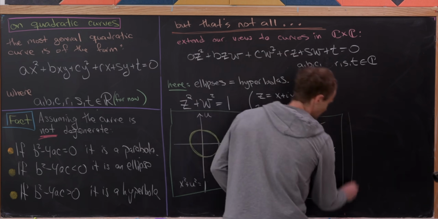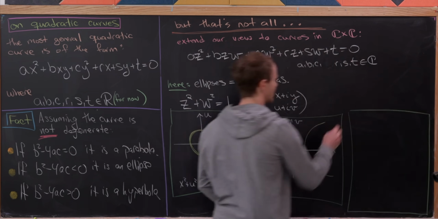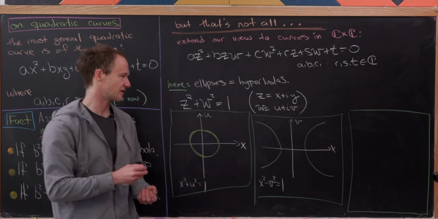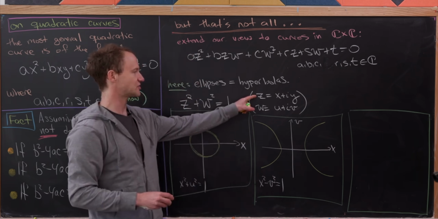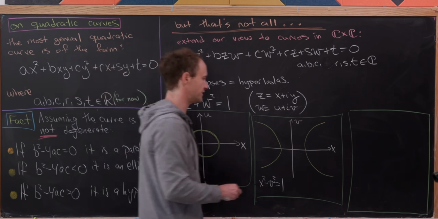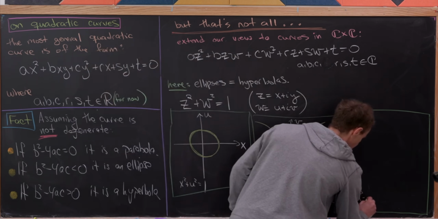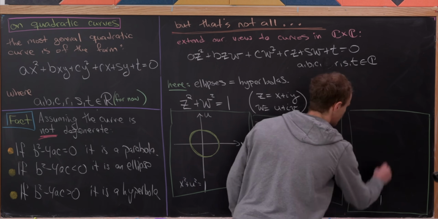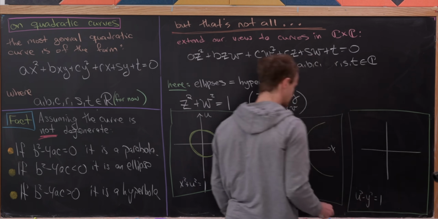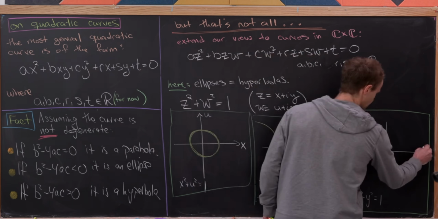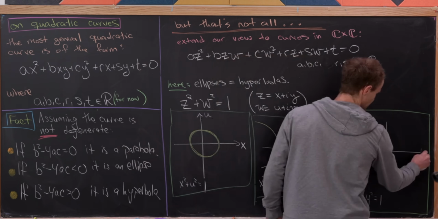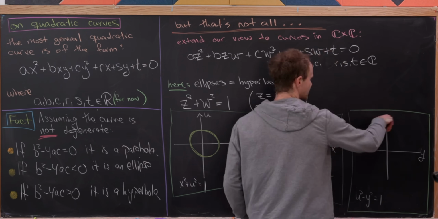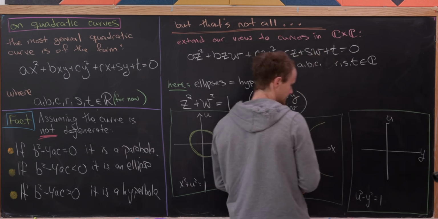But in fact, if we make a slice with the other choice of real and imaginary axis, the case where we take the imaginary part of z and the real part of w, that would be u squared minus y squared equals 1. That's going to give us a hyperbola opening the other way. So let's say this is y and this is the u-axis.